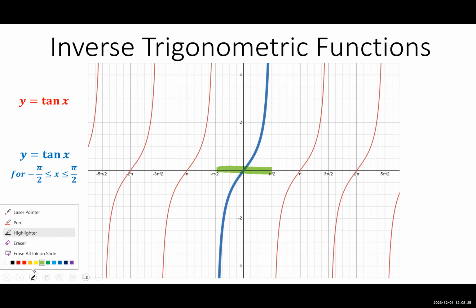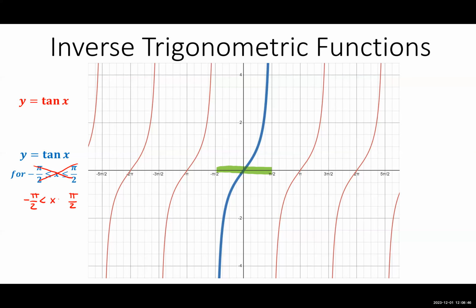Actually, we have to be a little bit more specific here. I'm actually going to rewrite this as negative pi over 2 to pi over 2, but not including the endpoints, because remember, the tangent of pi over 2 is undefined, and the tangent of negative pi over 2 is undefined.